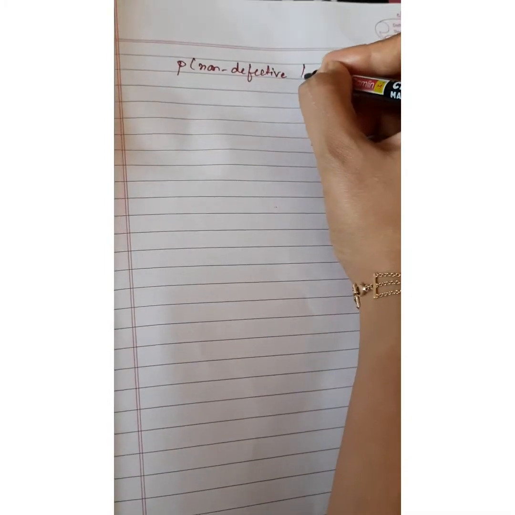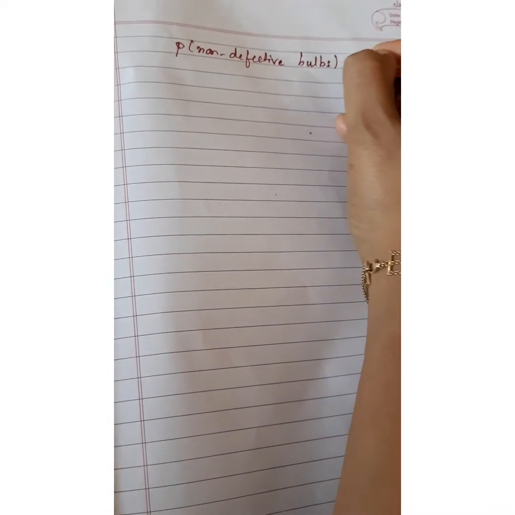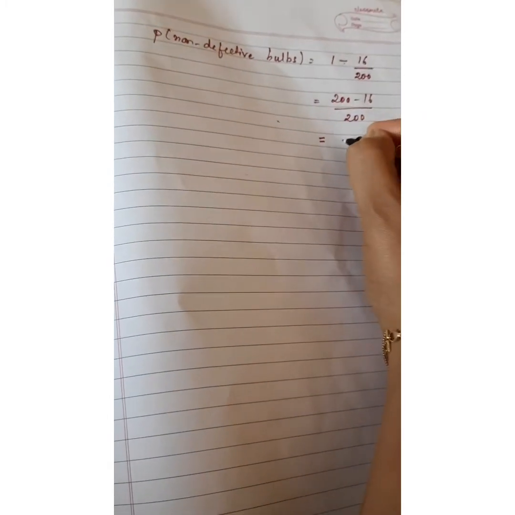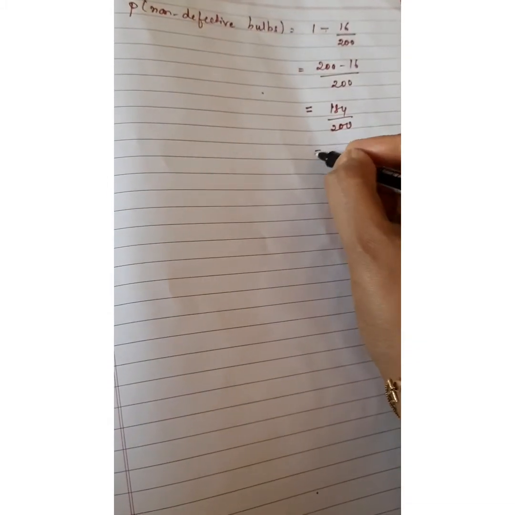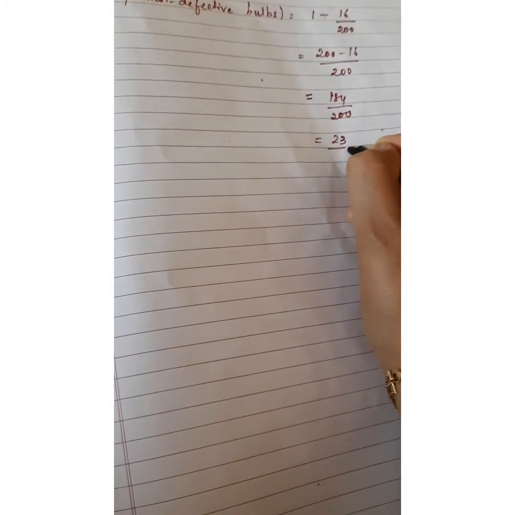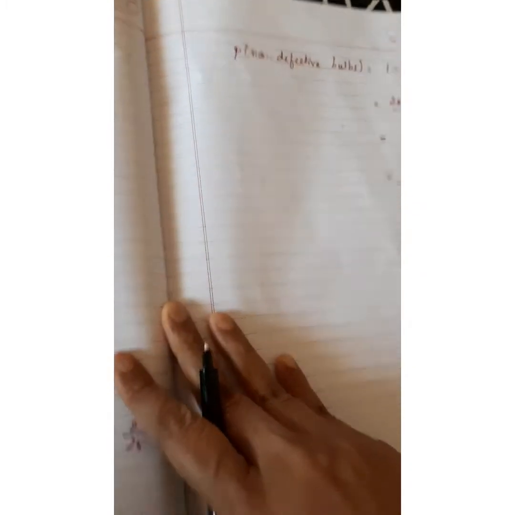So probability of non-defective bulbs equal to 1 minus 16 by 200. So we take an LCM, 200 minus 16 by 200. That's going to be 184 by 200, 23 by 25.